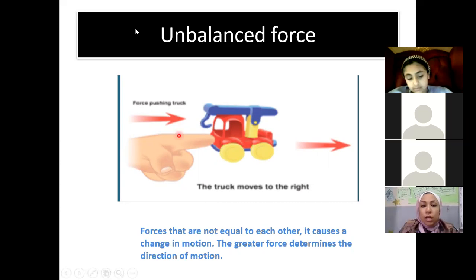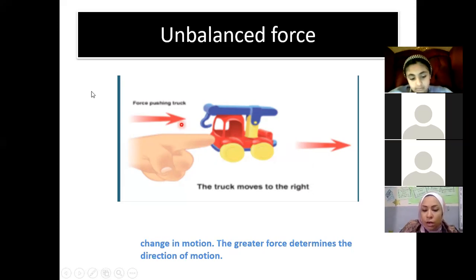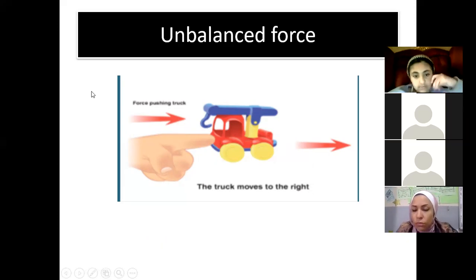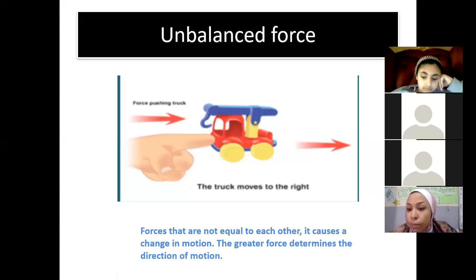Okay? Here in this case, as you can see, guys, this is a type of unbalanced force. It's not necessarily two forces trying to push from the two sides. Sometimes, like in this case, for example, there is no force at all on one of the sides.